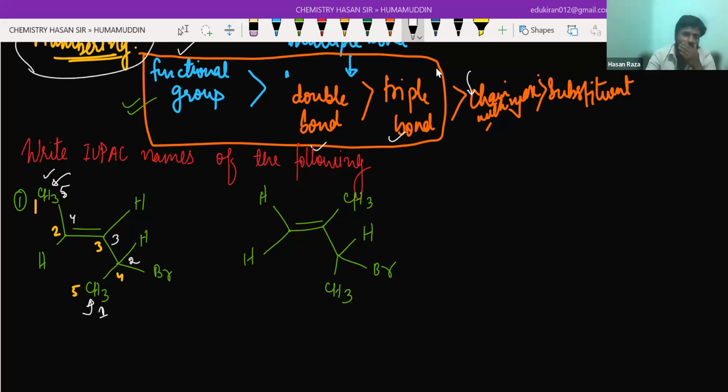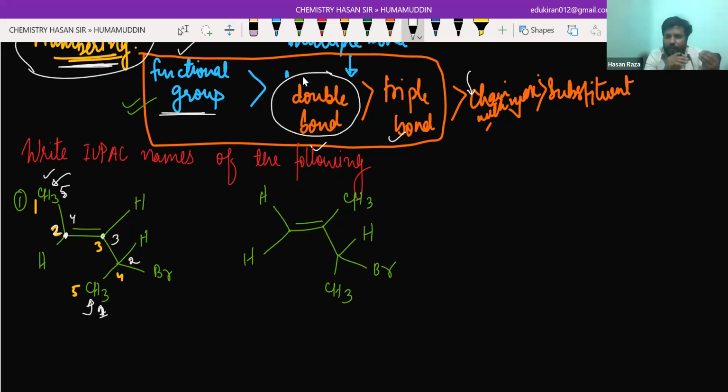You know why? Because if you number from top to bottom, the double bond gets the second position. And if you number from bottom to top, the double bond gets the third position. There is no functional group, so we will directly jump to the double bond.